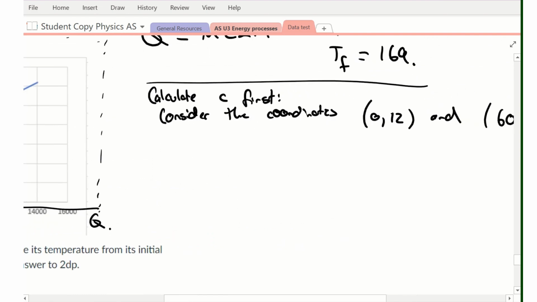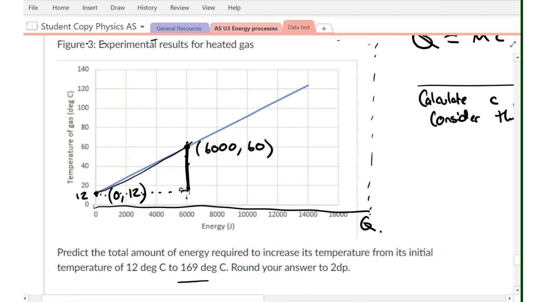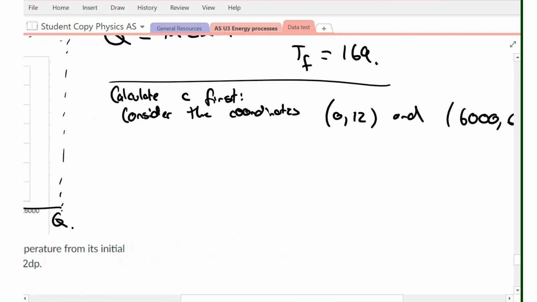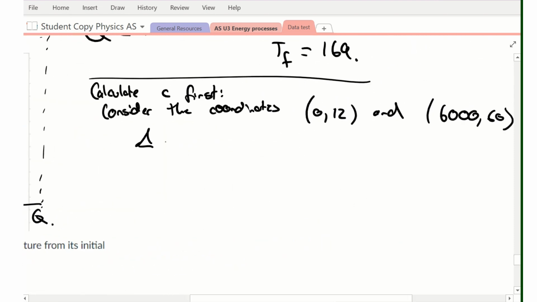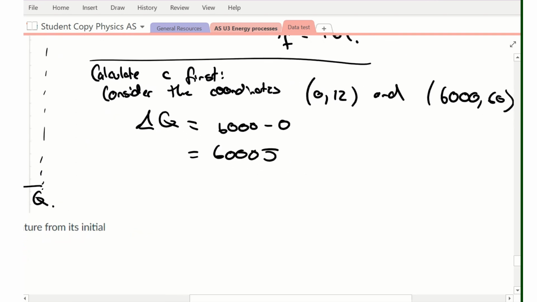Where the x in this case is our energy, and then our y is our temperature. Okay, so our difference in Q, well, that's going to be 6,000 minus 0, which is 6,000. So that's the number of joules that we're going to be using for this example.